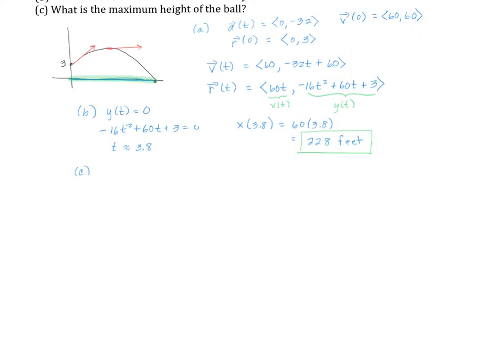So it's actually going to be setting the y component of the velocity vector equal to 0. Okay. So it's when this is equal to 0, but we're just looking at the y component.